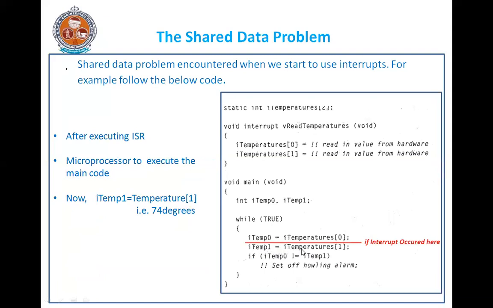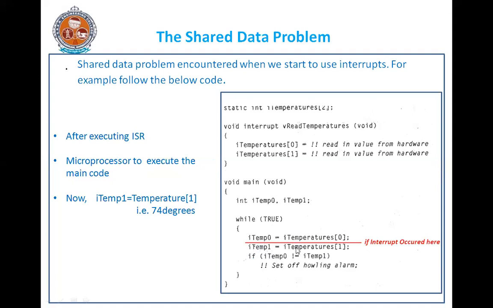This is the current executing task. The line for iTemp0 has already been completed by the microprocessor. Now this line has to be executed after returning from the interrupt service routine. So iTemp1 will read the temperature, but iTemp0 read the temperature as 73.